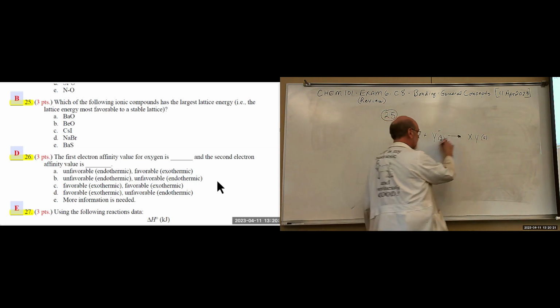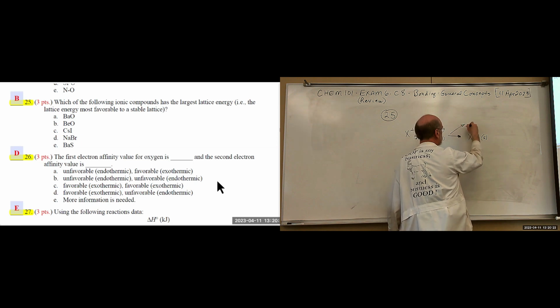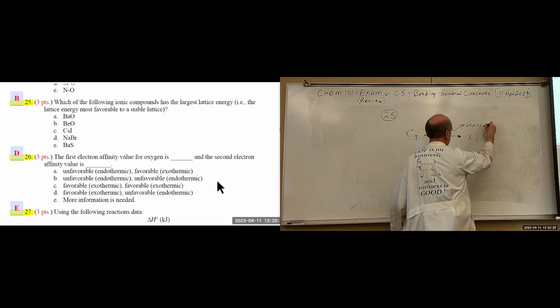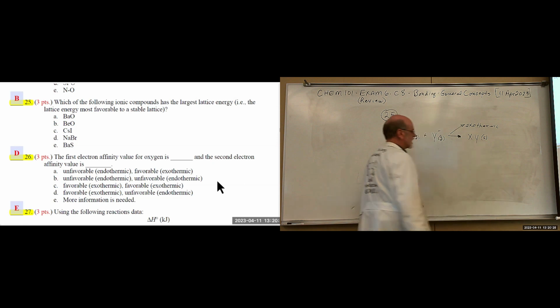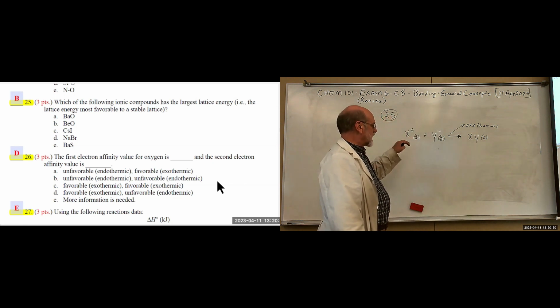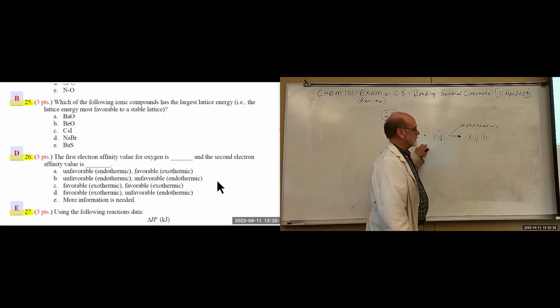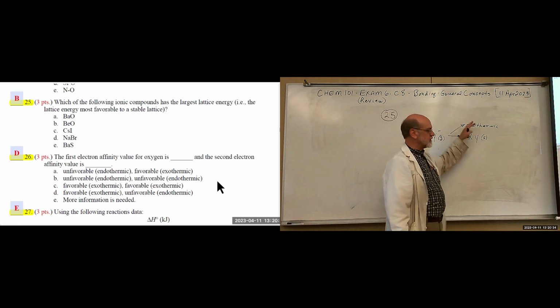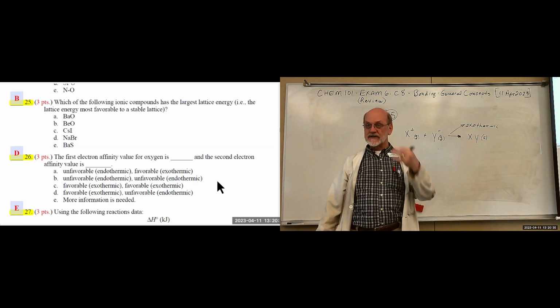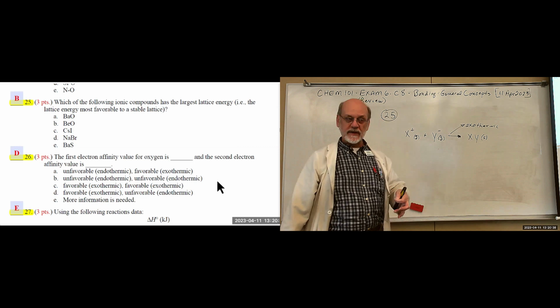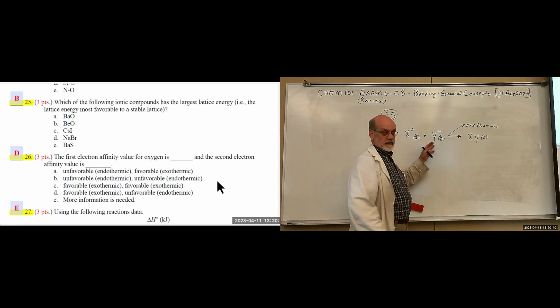The amount of energy they give up is always exothermic, and it is an indicator of the strength of the bond. The more energy they give up, the more negative the delta H, the enthalpy, the stronger the bond.